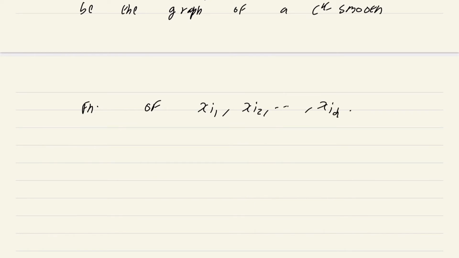So these x_i1 to x_id are going to be the independent variables, and this function is going to determine the n minus d rest of the variables, and this set M intersection V is going to be the graph.